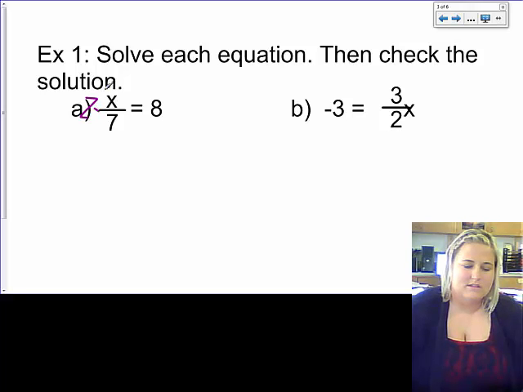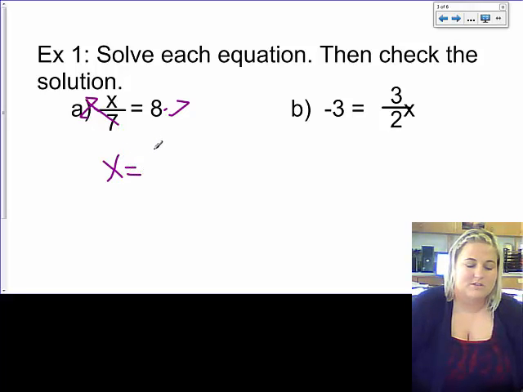So what I do to one side, I must do to the other. So 7 and 7 will cancel. Bring down my x. And x equals 8 times 7, which is 56.